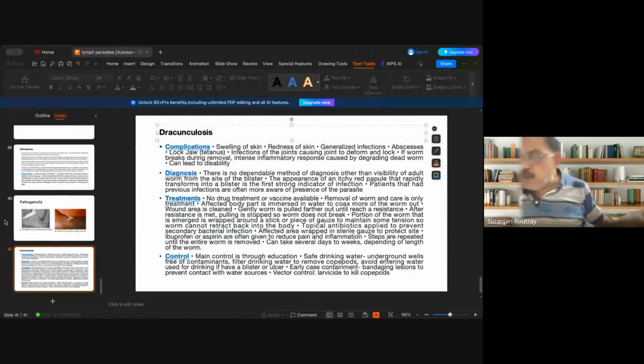Then larval Hypoderma, warble flies, sheep bot flies, and horse bot flies are there. Horse bot flies are present on the skin of the horse. Sheep bot flies are present in the nasal cavities of sheep and goats, and they cause a nervous condition called blind staggers, where vision impairment is seen.